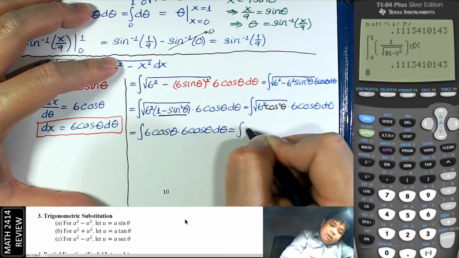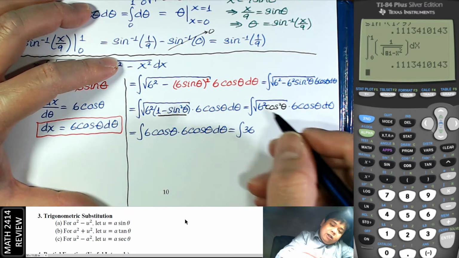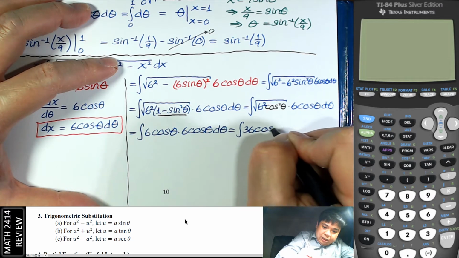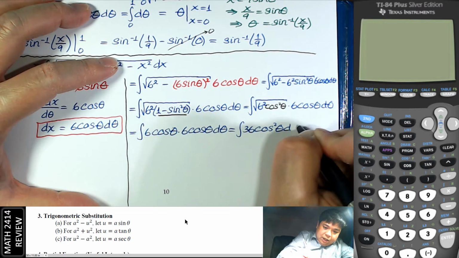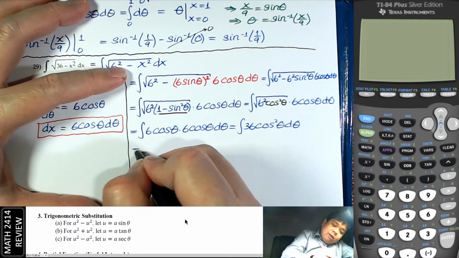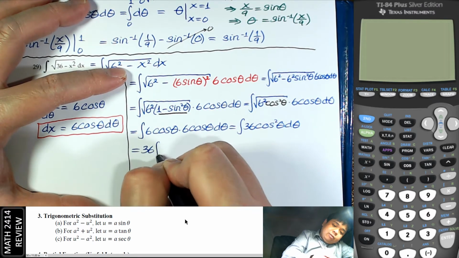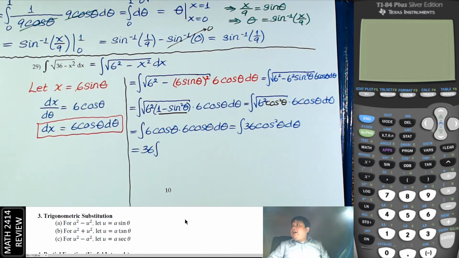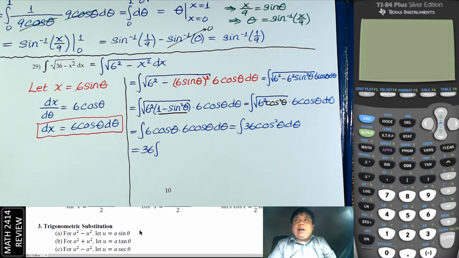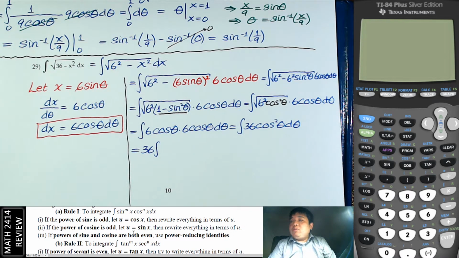The square root cancels the square here, so we have 6 cosine theta, and then 6 cosine theta d theta. So that gives us 36 cosine square d theta. Take out the 36. Now, how do we integrate cosine square? This brings us back to the integral of sine and cosine. If the power of sine or cosine is even, then use the power reducing identity.